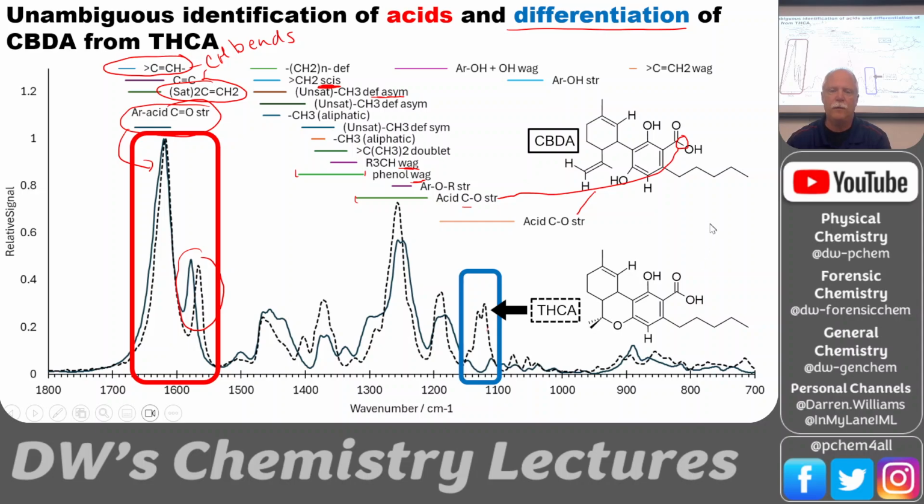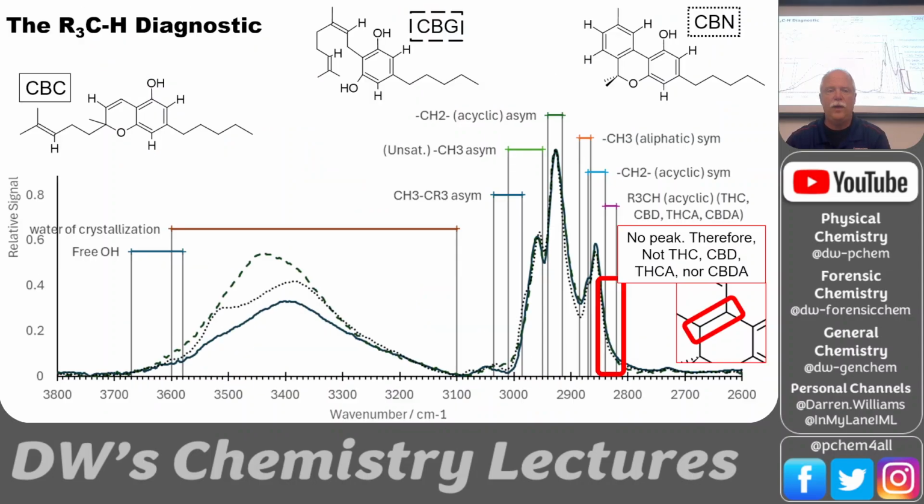So, any questions about the fingerprint region? And so here's the other three compounds, all on the same spectrum. And notice that peak here is missing. The R3 CH peak is completely missing. So I know if I don't see that shoulder in the CH stretch region, I don't have THC, I don't have CBD, THCA, CBDA.